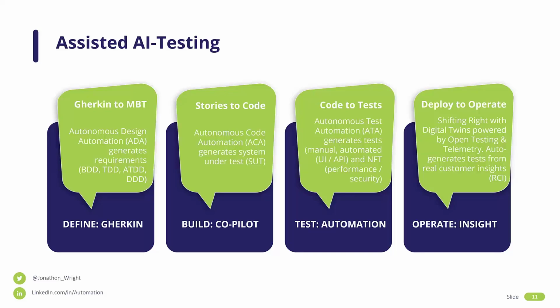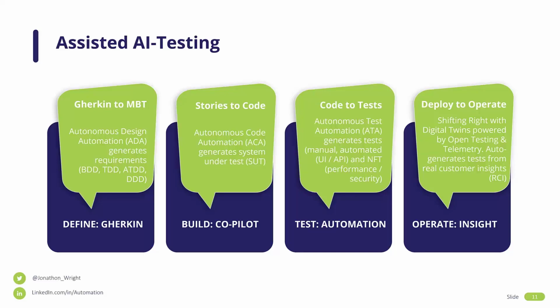How do you create that model from, in essence, just a business requirement? So I want a system to do this or that. And then the next one's taking those stories, which are generated in the background, and actually generating the code. So what a developer would typically do: take the requirements, create some code, and then we get hold of that code and test it.